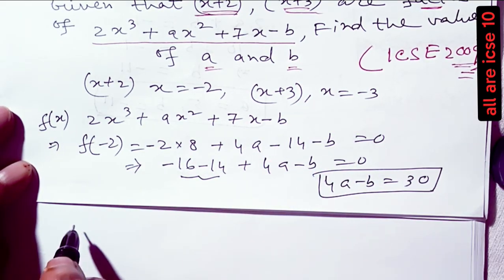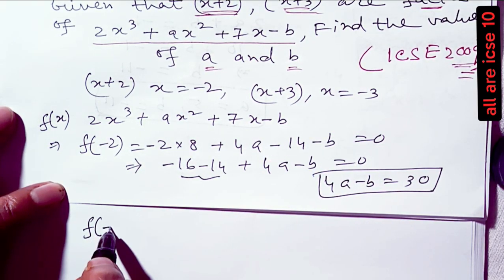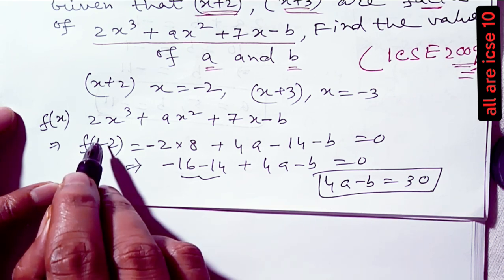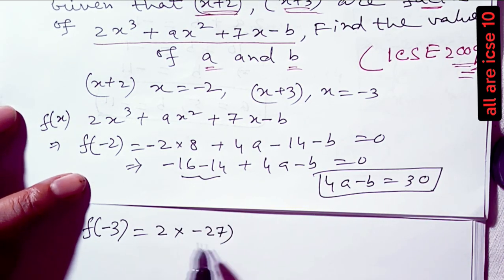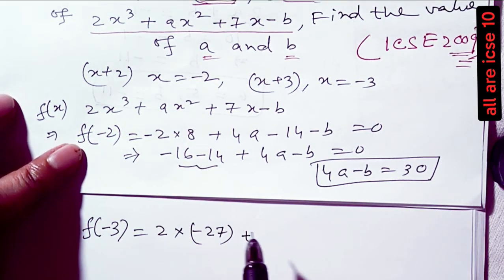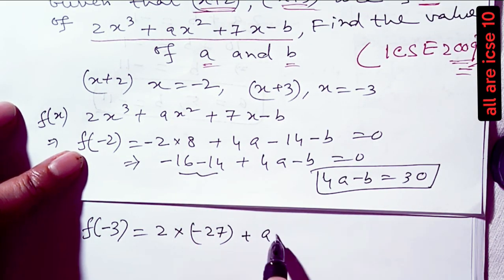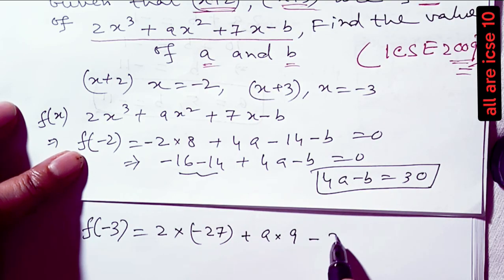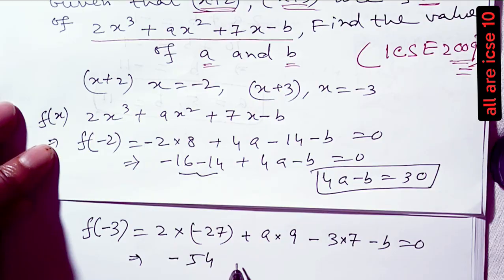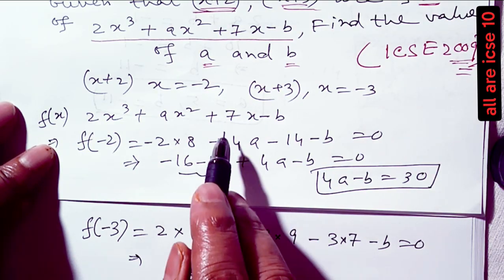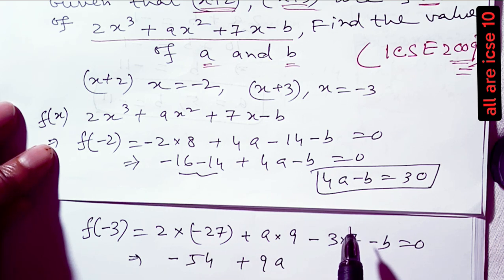x plus 3 is a factor, therefore f minus 3. So here our expression 2x cube means 2 times minus 3 cube, minus 27, plus ax square, x square means 9a, minus 3 times 7, minus 21, minus b. This will be 0. Now this is minus 54 plus 9a minus 21 minus b equal to 0.